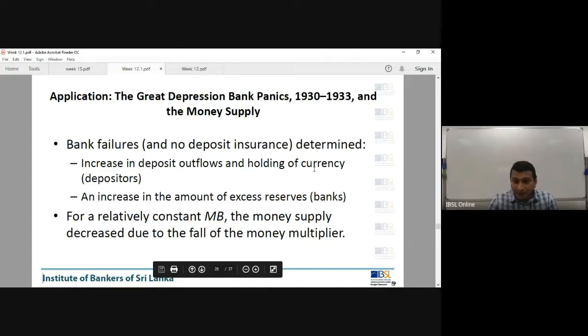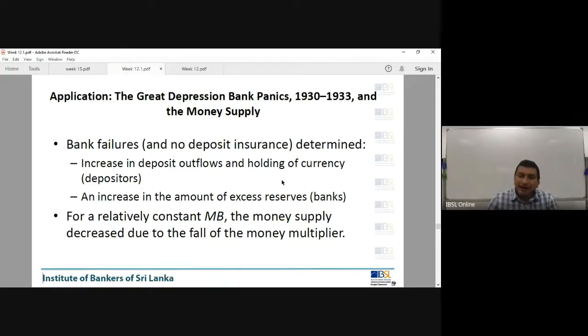So you see here, small c would have gone up because of the depositors' behavior. Small e would have gone up because of the banks' behavior. So the multiplier equation gets weighted more because of a bigger push from excess reserves that you are seeing here.